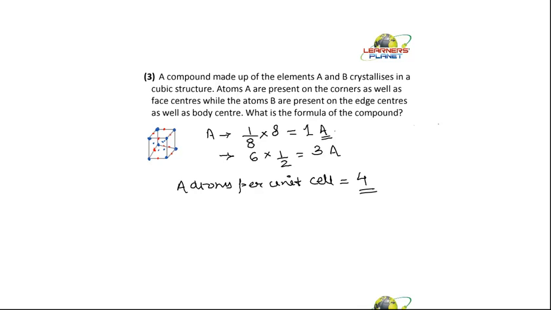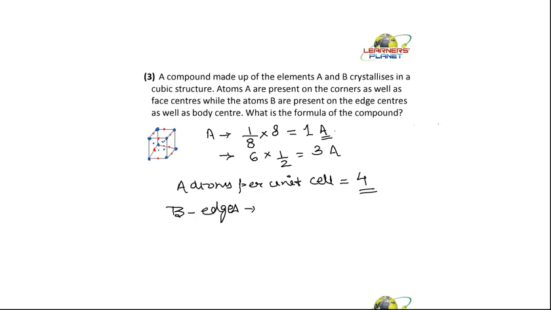Now there is B atoms. B atoms, where are they present? They are present at the edges. So how many edges are there in a cube? There are 8 edges, right? But each edge is shared by 2 cubes.